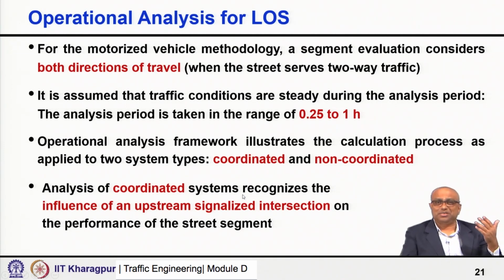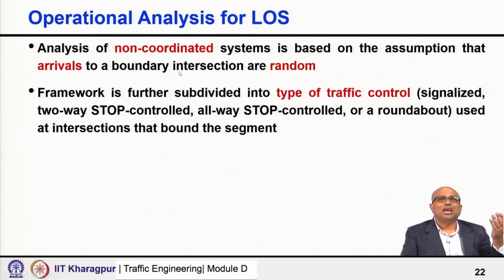I mentioned this earlier also. And when we are analyzing a non-coordinated system, the basic assumption is that arrivals at the boundary intersections are random, because the signals are not coordinated. So, always by default for non-coordinated operations, that is the basic assumption. So, here also we make that same assumption.